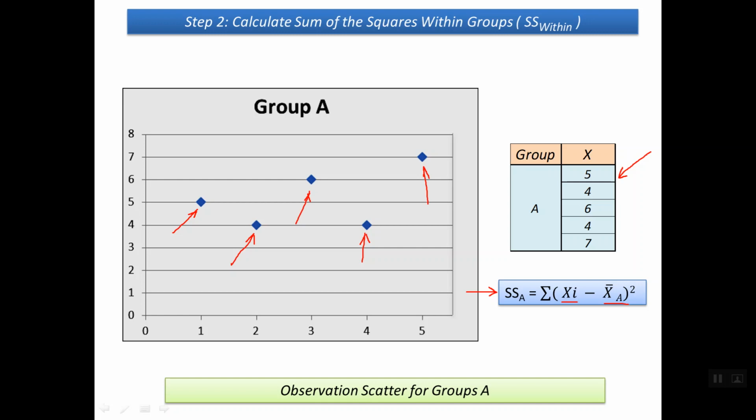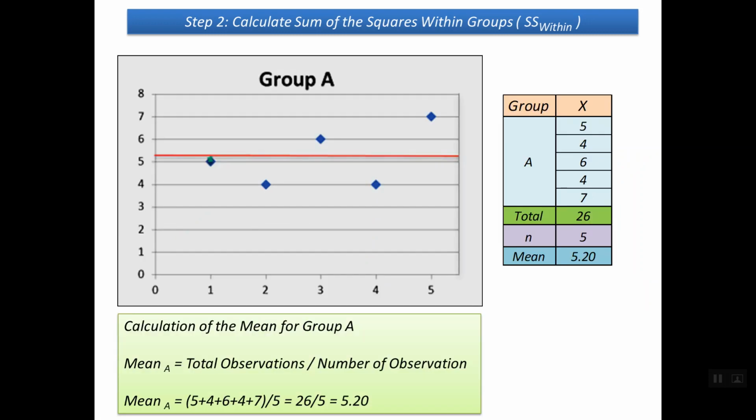So this is the shape of the scattering of the observations for group A. So it is clear that we need to calculate first the mean for group A.